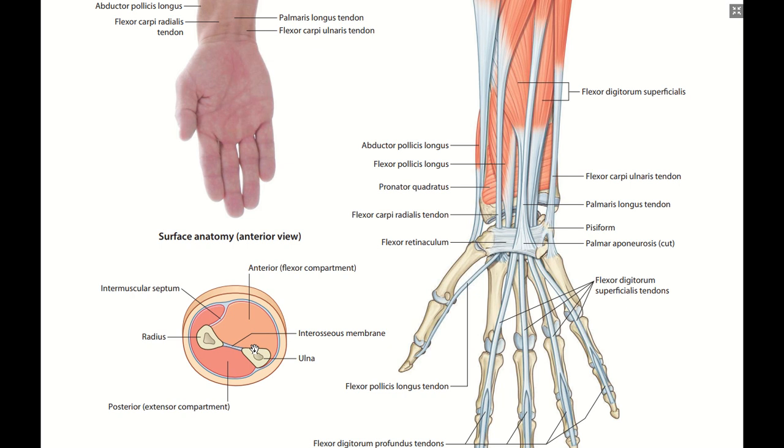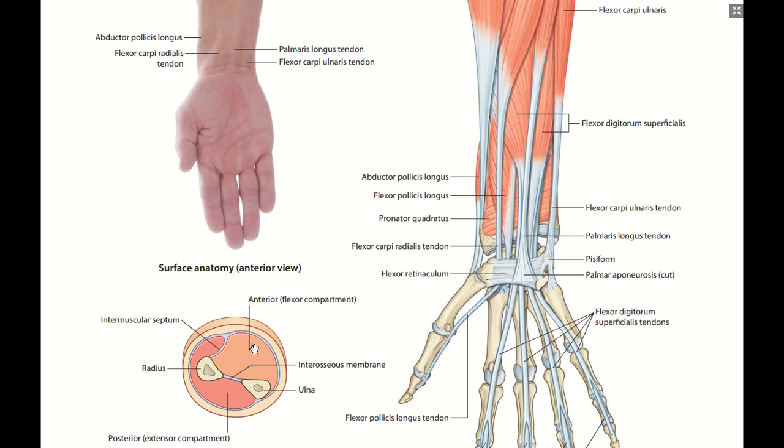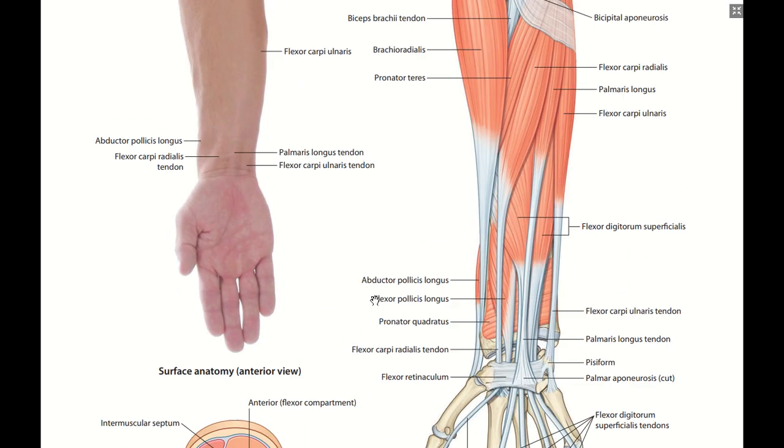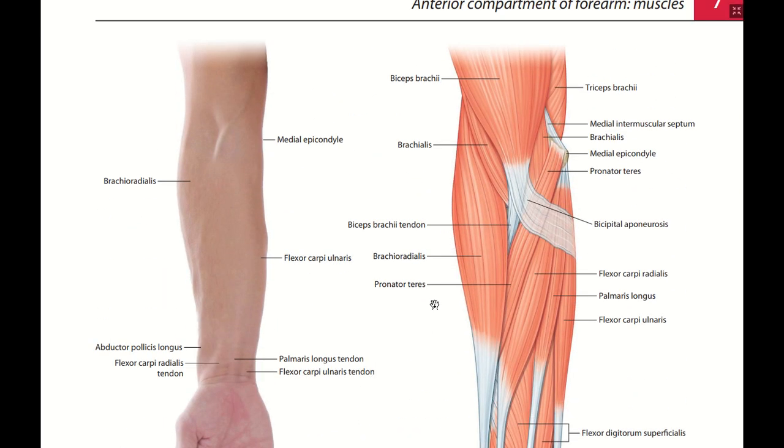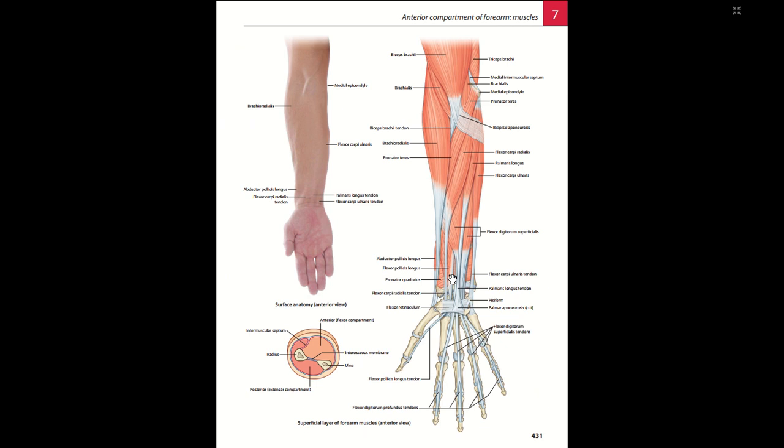So let's take a look at the blood supply, the muscles, the nerves, as well as a bit of the lymphatics of the anterior compartment of the forearm. Let me zoom out so that we can actually see the anterior compartment.